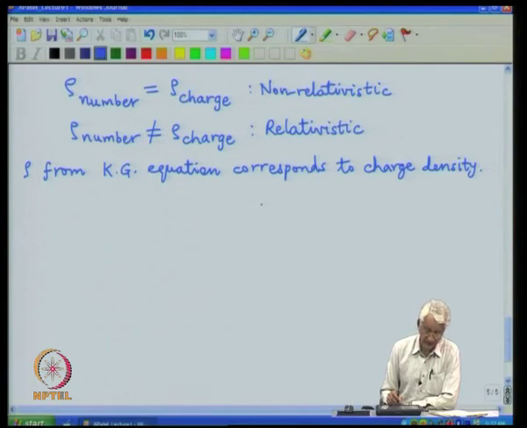One can also ask, what is the relation between the energy and the contribution to the charge density?